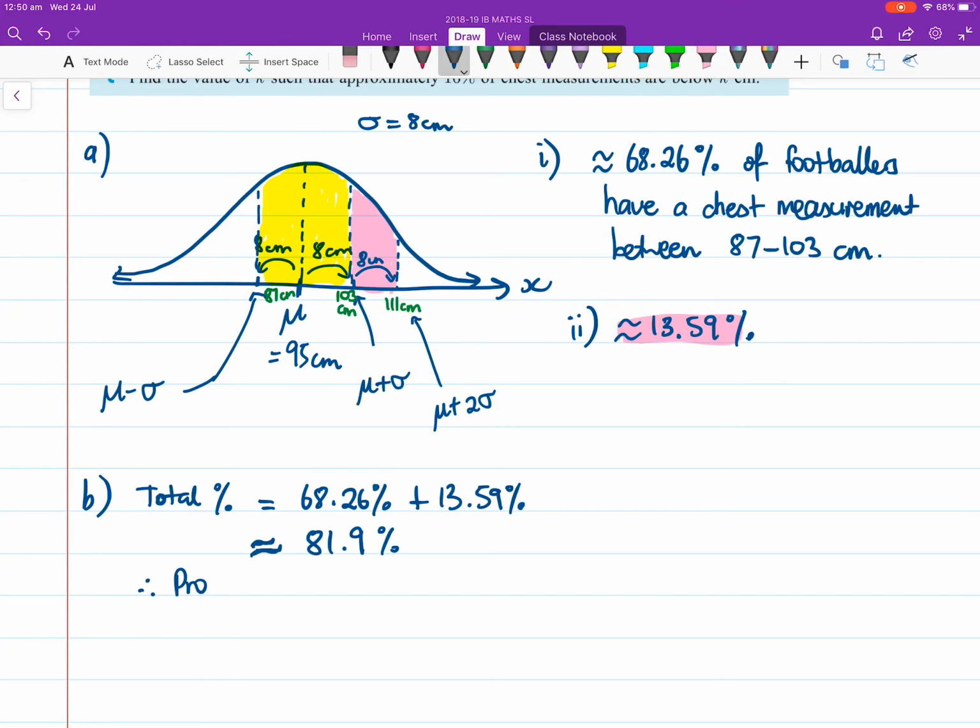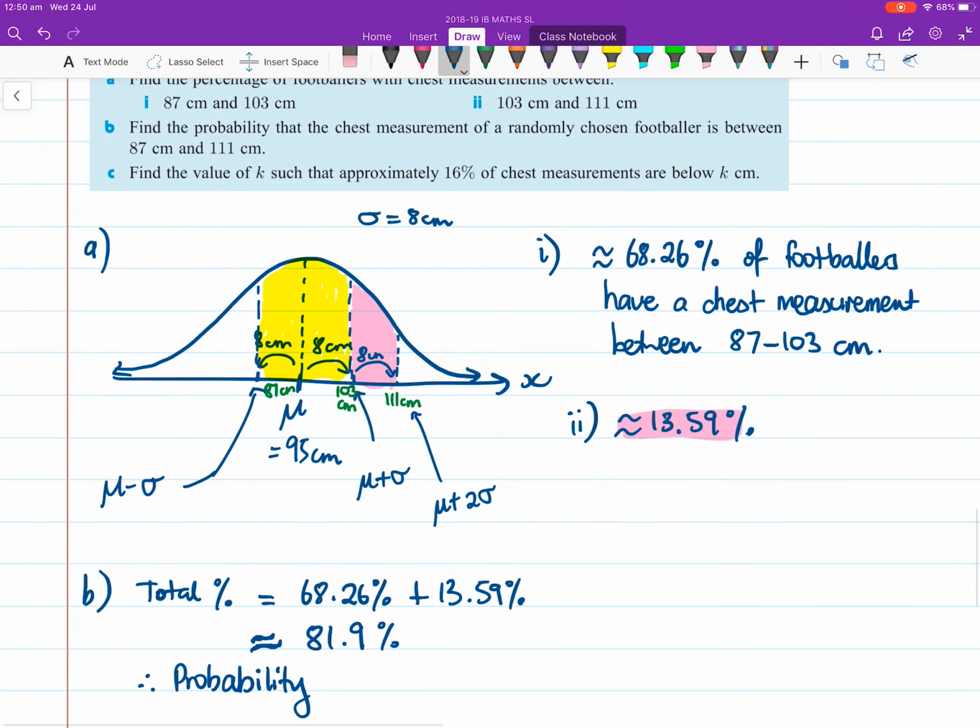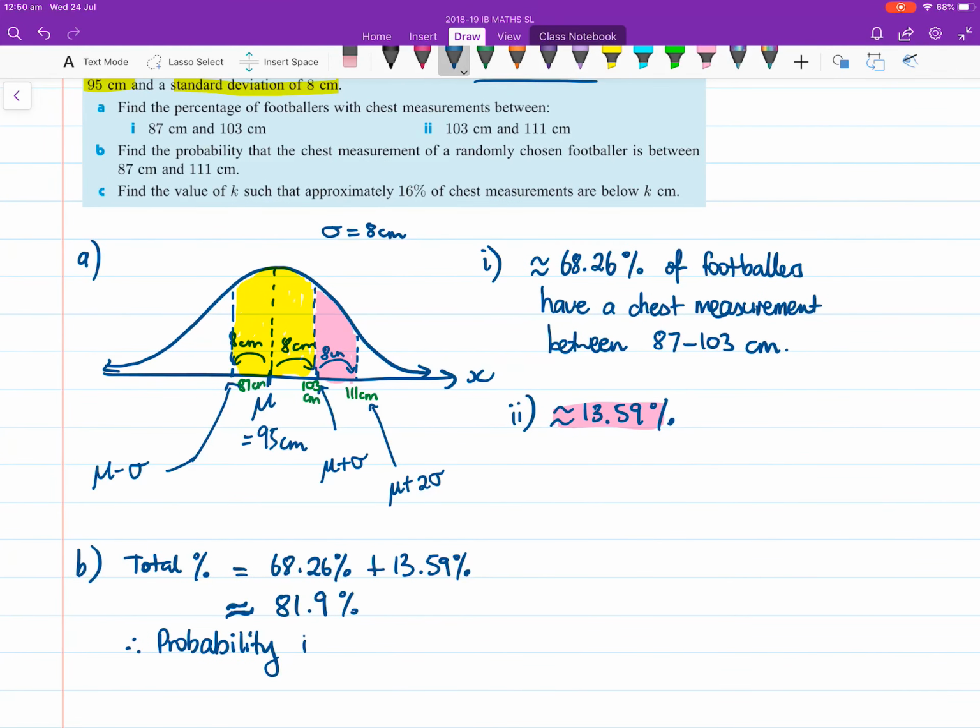So we should say therefore the probability is approximately 0.819. Okay, 3 sig fig.